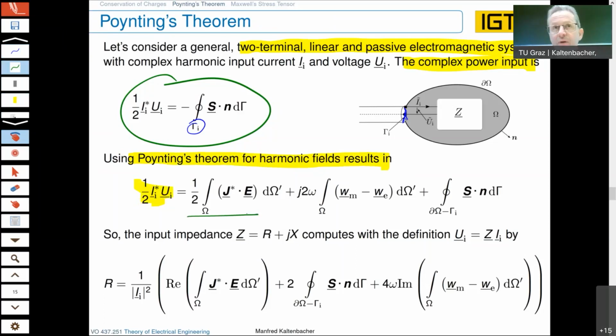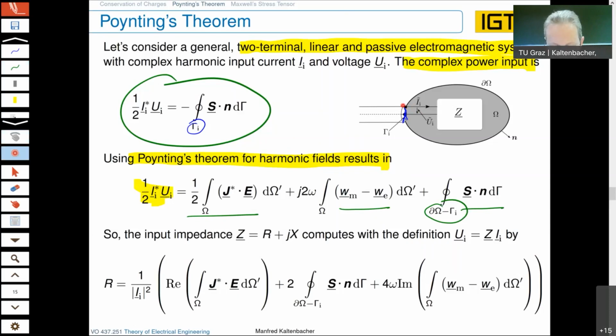You can have inductive and capacitive losses if you consider that your dielectric material due to polarization, or your magnetic material due to magnetization, have losses. And we also have to consider what is radiated by the intensity which we describe by the Poynting vector. Here again, we clearly have to take from the surface away what is coming in due to the current voltage part exciting the circuit.